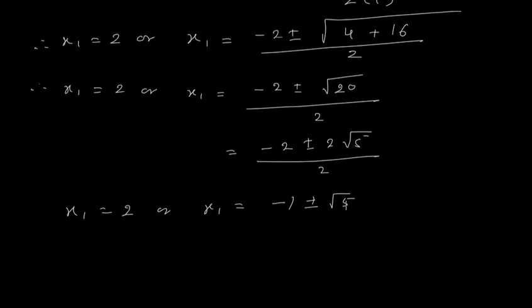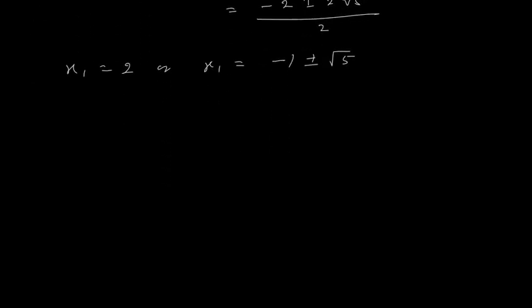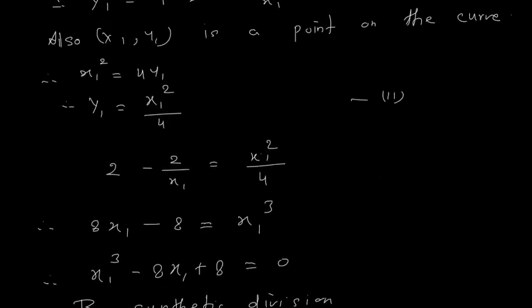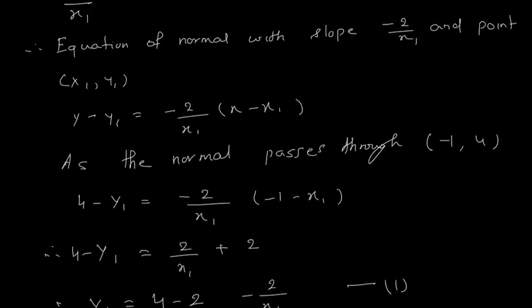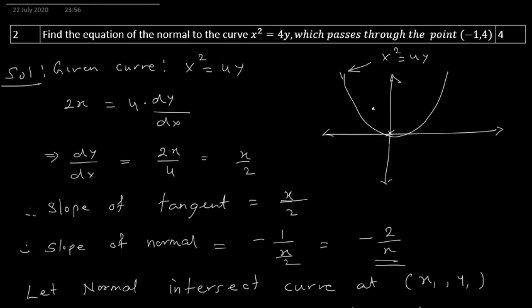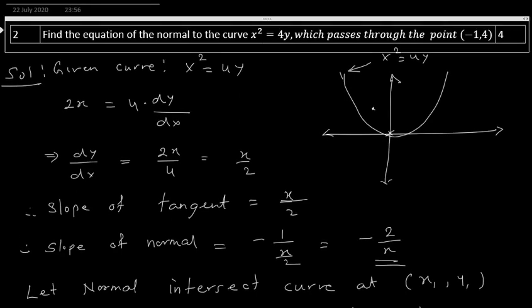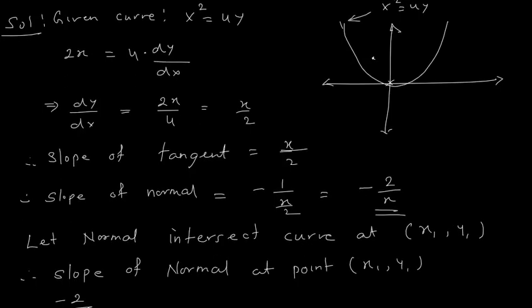Now for a point we should know the y coordinate also. So I will check one by one. So I will say that when x1 is 2, we have equation of curve as this. Point x1, y1 is a point on the curve, okay, or it is a point on the line. So better I will use this equation of curve. So 4y equal to x square.